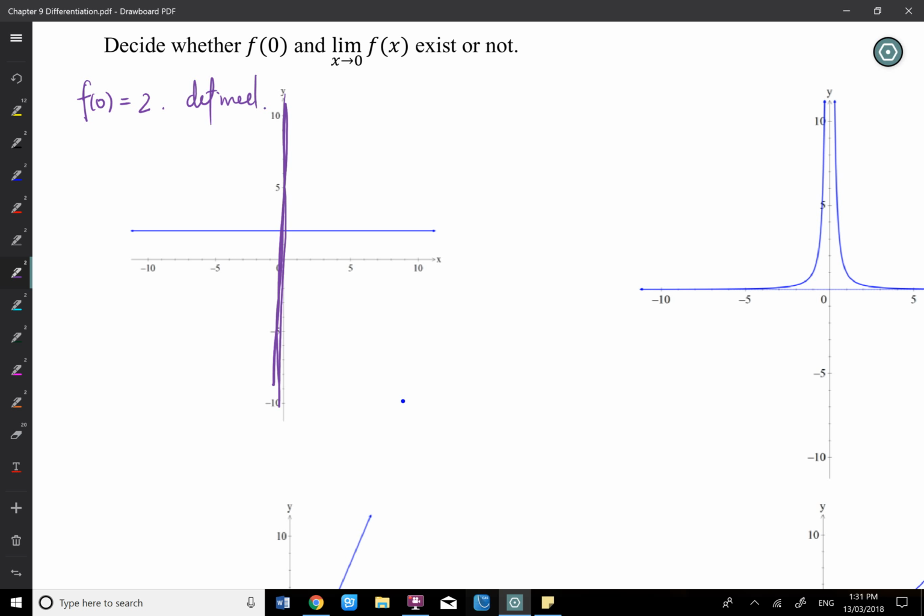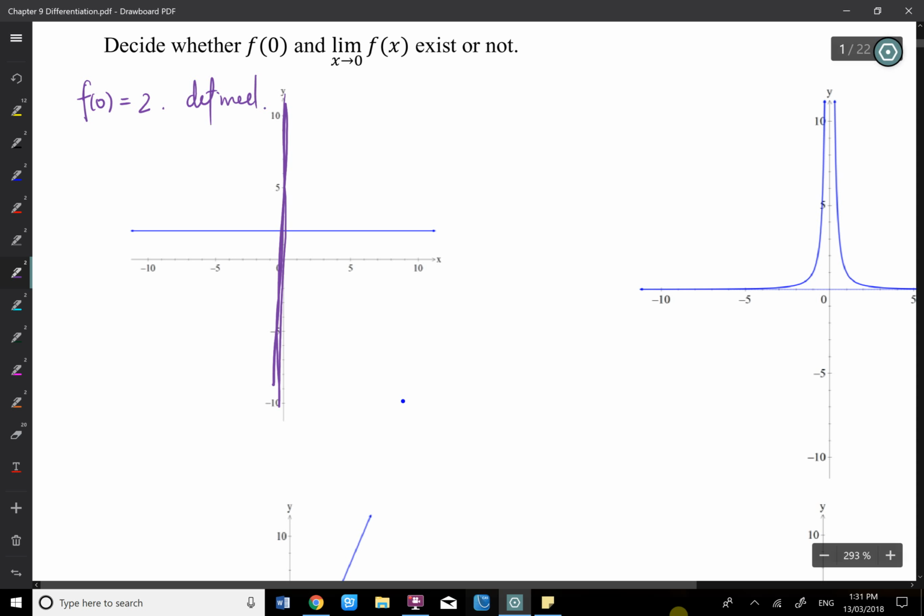Yes, so the limit will exist. If a person walks on this line, you will say the limit as x approaches 0 from the left of f(x) equals 2, because it's approaching this point here. And the limit as x approaches 0 from the right of f(x) equals 2 as well, because someone walked along that path from the right-hand side.